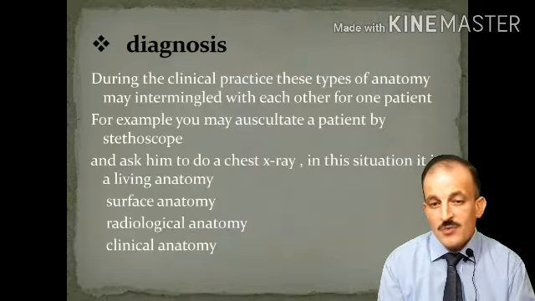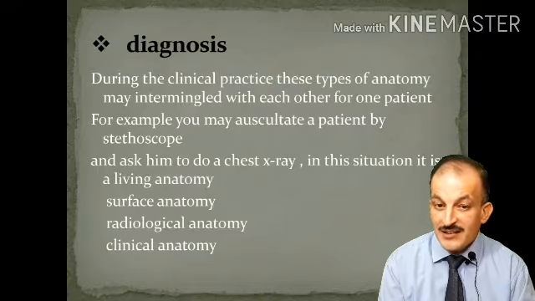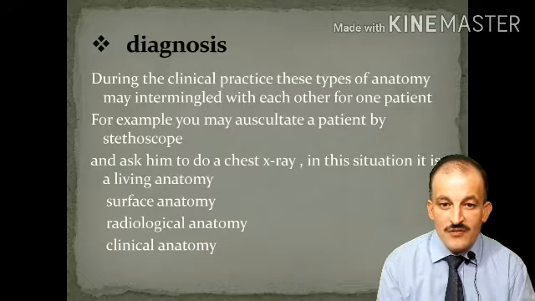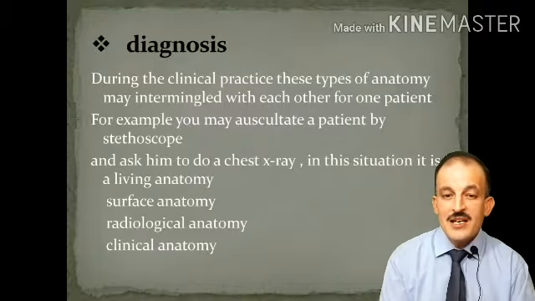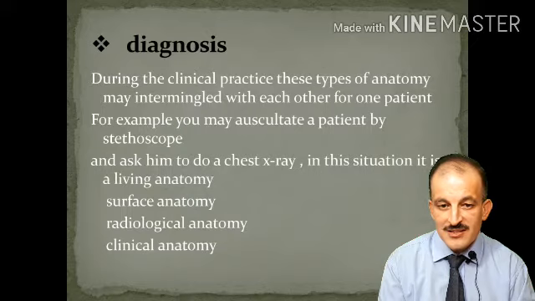And also, if you want to be a good diagnostician and reach the final diagnosis of your patient, you must know that all these types of anatomy may be intermingled in one patient.